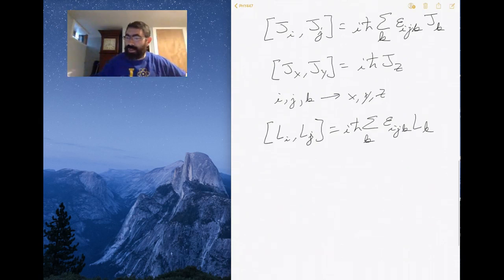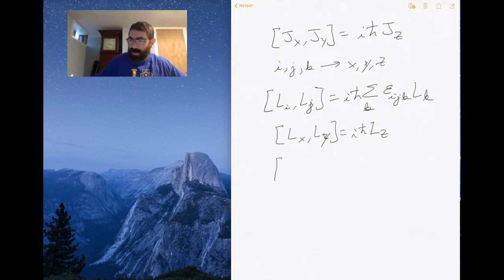And so we can get the commutators Lx, Ly is equal to iħ Lz, or Ly, Lz commutator is equal to iħ Lx, if we cycle through the different components x, y, and z.